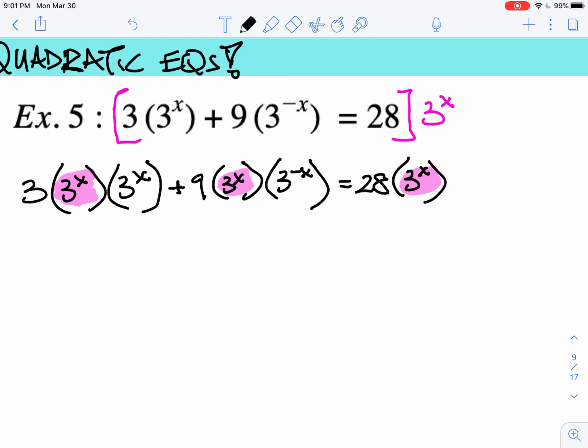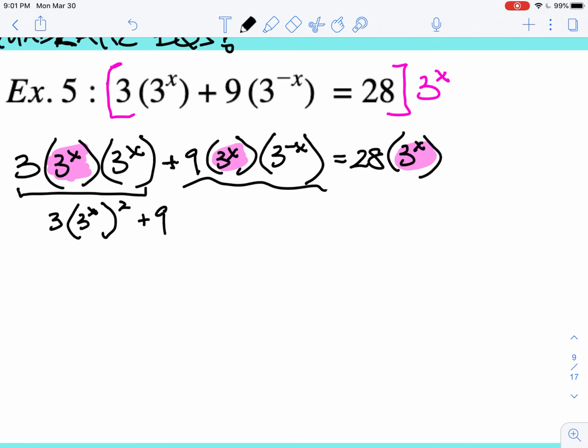All right, now I'm going to use some rules of exponents that hopefully I remember. Well, I remember. Hopefully you remember too. So this first term here is going to become 3 times 3 to the x squared, plus the second term is going to become 9 times 3 to the x minus x, which equals 28 times 3 to the x.